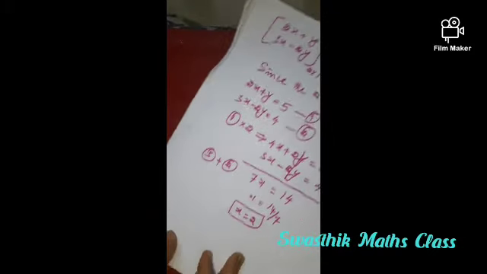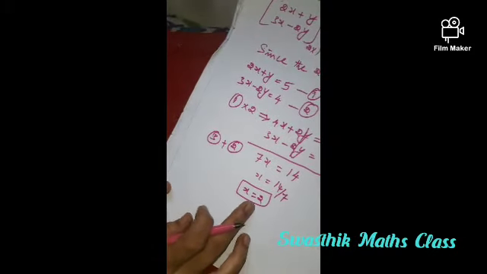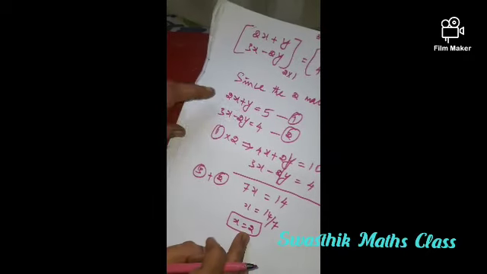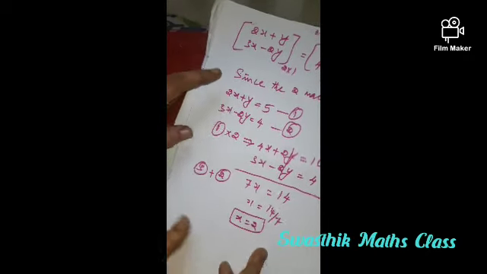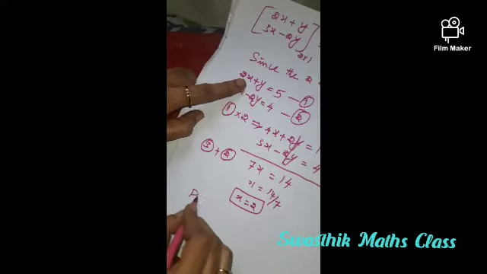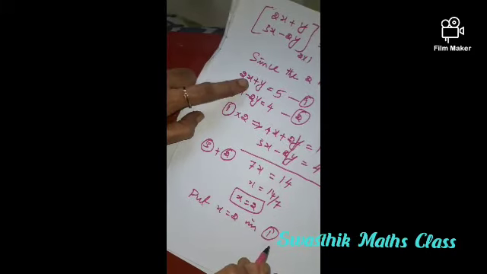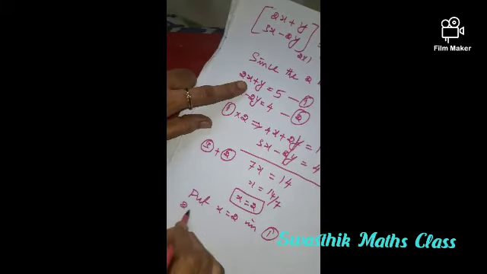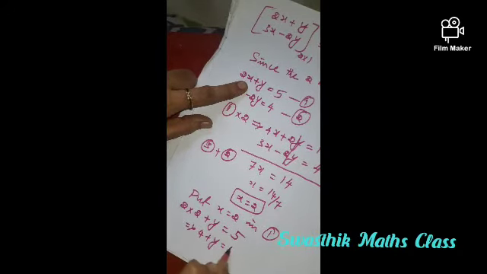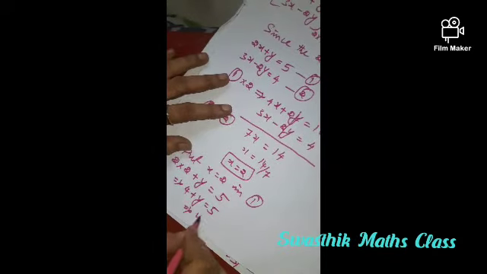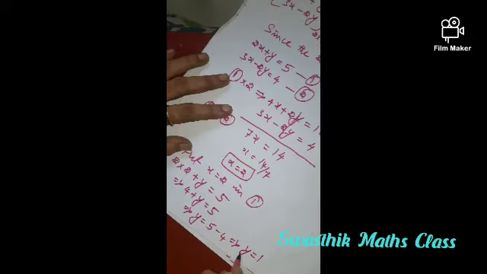Is it right? Okay. So we get one of the unknowns, x is equal to 2, and you can substitute the value of x in either equation to get the value of y. We take the first equation and put x is equal to 2 to get the value of y. Therefore, 2 into 2 plus y is equal to 5, so 4 plus y is equal to 5, and y is equal to 5 minus 4, that is, y is equal to 1.